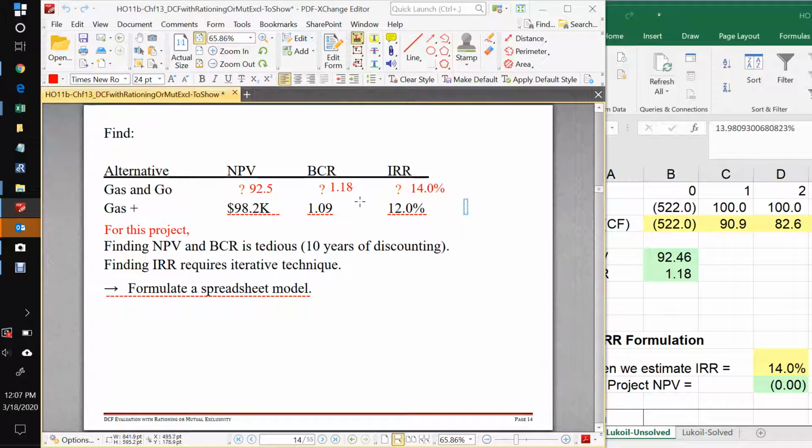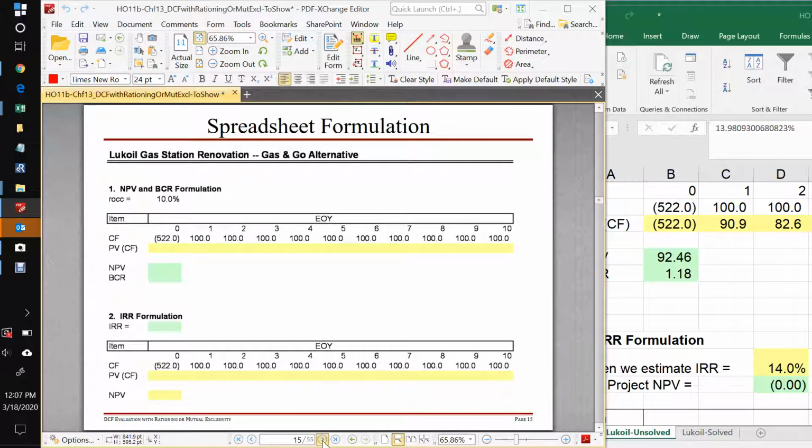Same for BCR, we get more bang for our buck, okay? But look, when we look at the NPV of these two projects, Gas Plus has the higher NPV. That's the one that's going to make us wealthier. Remember, we can only do one of these projects. This one makes us wealthier from the increased wealth concept, so we'd want to go with B.